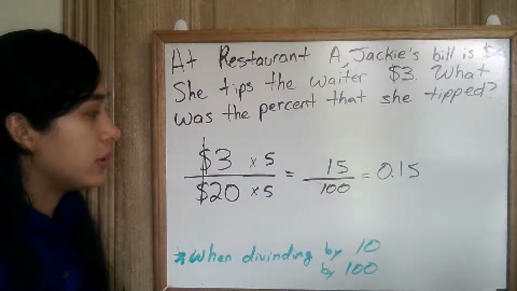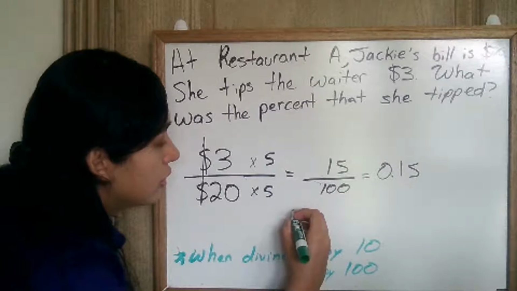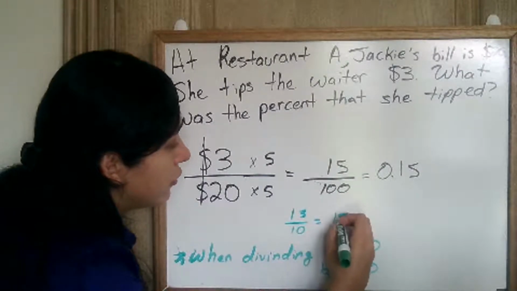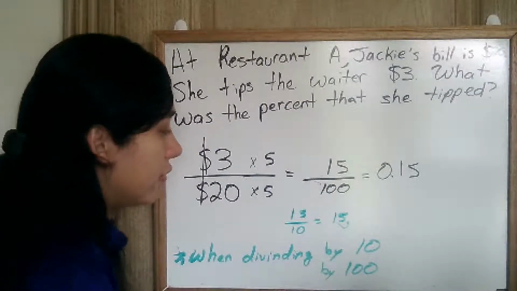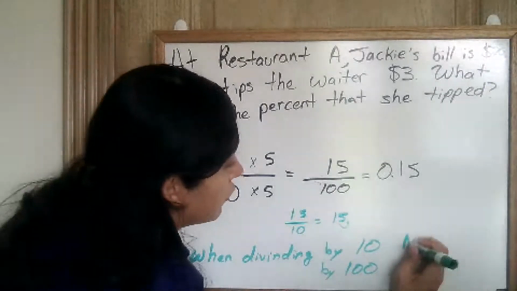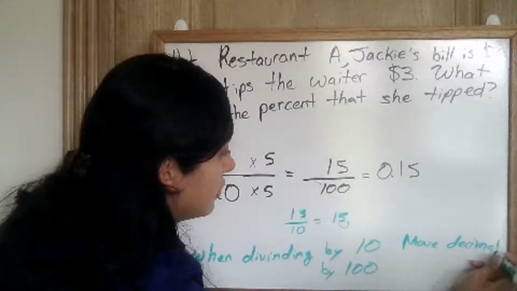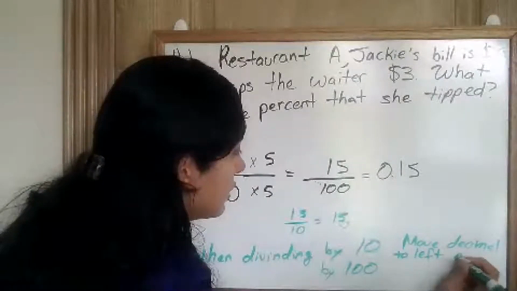We're going to move the decimal place of the original number. So let's say 15 over 10. It's really going to be 15, and we're going to move the original decimal point one time to the left.